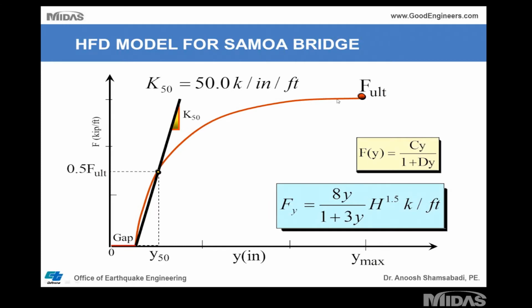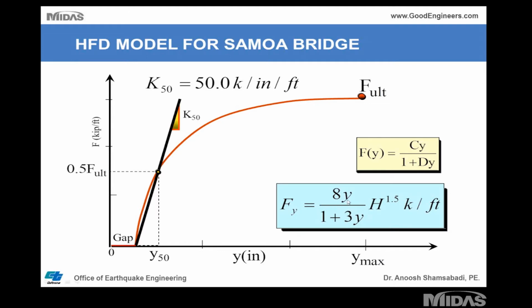If you want to develop nonlinear springs, and you don't want to use those coefficients, all you have to do is A times Y divided by (1 plus 3Y) to the power 1.5. That would develop this nonlinear backbone curve. Remember, I had the constants C and D, C in the numerator, D in the denominator, based on experimental data that we have, and we have done many, many full-scale experimental tests. I came up with this simple equation.